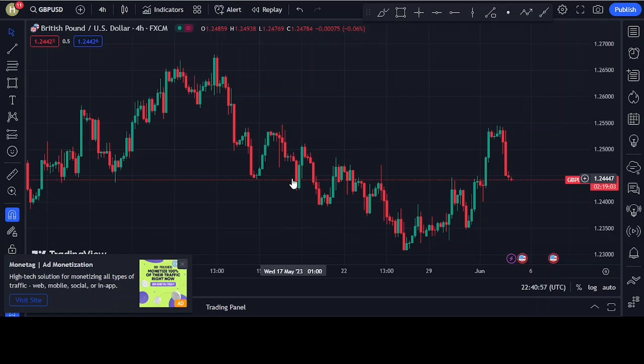Combining market structure with a good knowledge of supply and demand will increase your winning probability. There is no singular trade that will give you 100% win. There is no singular strategy out there that will keep making successful trades every time.